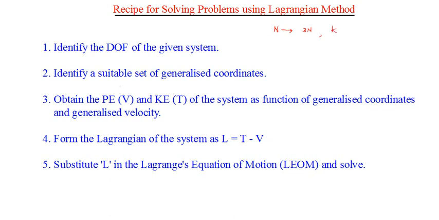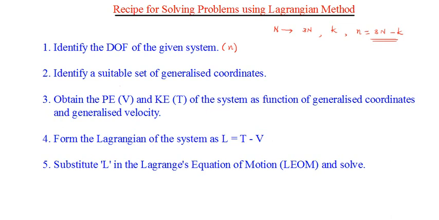Only the holonomic constraints will reduce the degrees of freedom. So if there are holonomic constraints expressed in k equations, then the number of degrees of freedom will be reduced to 3n minus k, where n is the number of particles of the system. So you obtain the number of degrees of freedom after deducting the holonomic constraints.